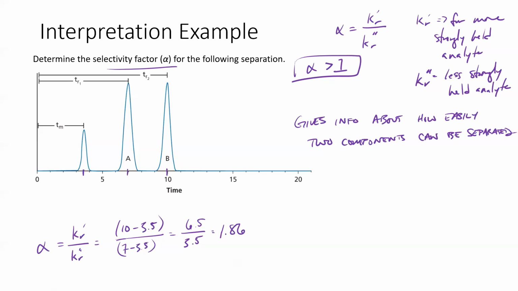Did you get that? Excellent. I cut out an algebra step. Kr prime and Kr double prime are both divided by Tm. If it's in the denominator for both of them, then it cancels out.